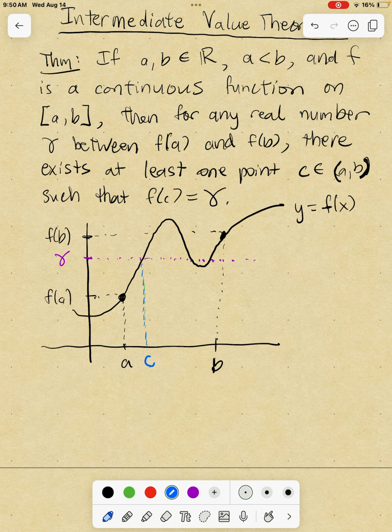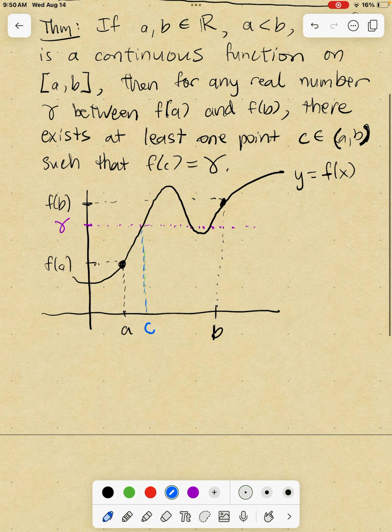And intuitively it makes sense that it would be true. It'd be weird if it wasn't, because if you have a continuous function, one way of thinking about continuity is that you can draw the graph without having to lift your pencil. That's not precise in any way, but it's a mental picture of continuous functions.